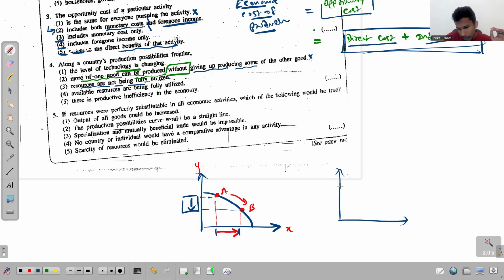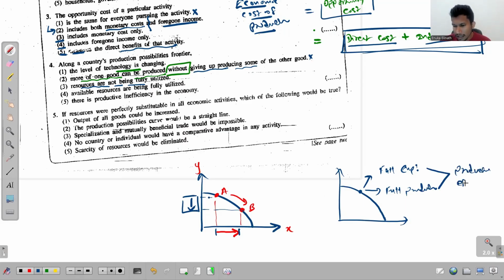there are two main reasons for a given economy to operate at a point on the PPC. What are the two reasons? The first one is full employment. The other one is full production. If the country has achieved both full employment and full production, we recognize that situation as productive efficiency. And when the economy has achieved productive efficiency, it always operates at a point on the PPC.